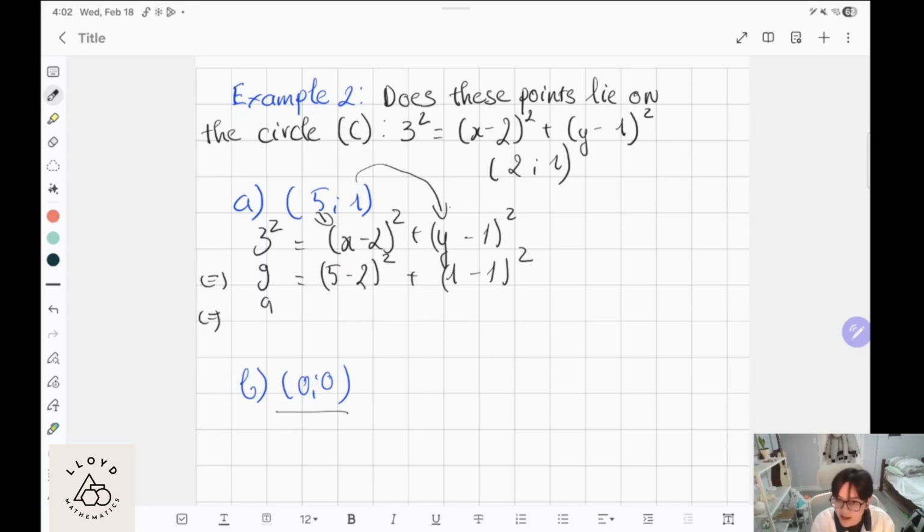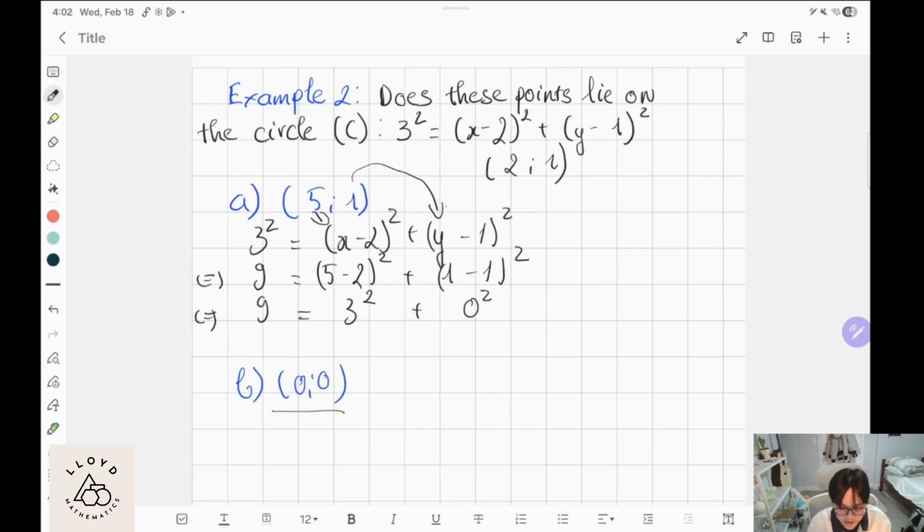Therefore I get 9 equals 3 squared plus 0 squared. Is this correct? Yes, because 3 squared is 9 and 0 squared is 0. So it's 9 plus 0, and this is correct. So the point lies on the circle.